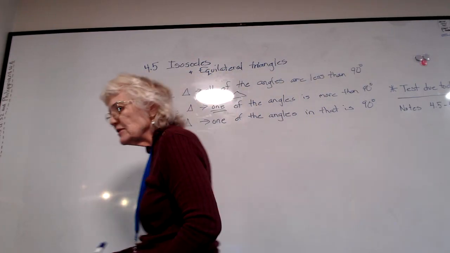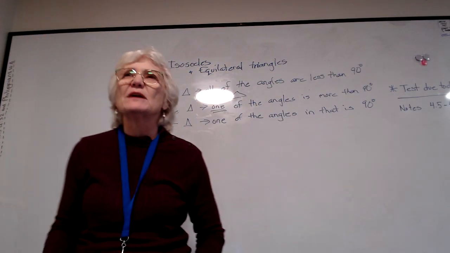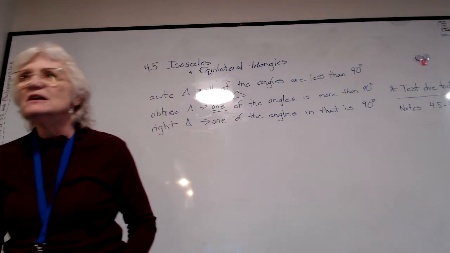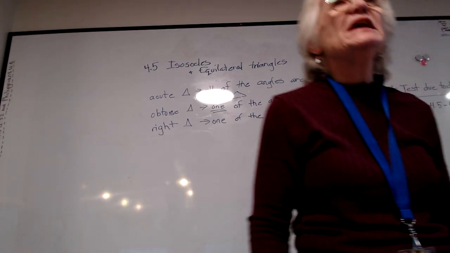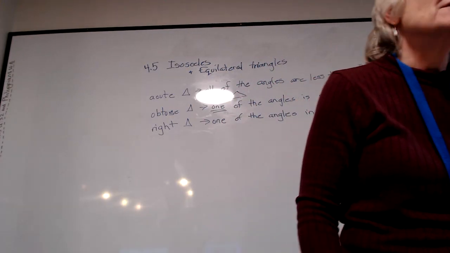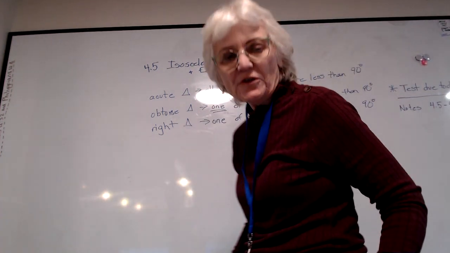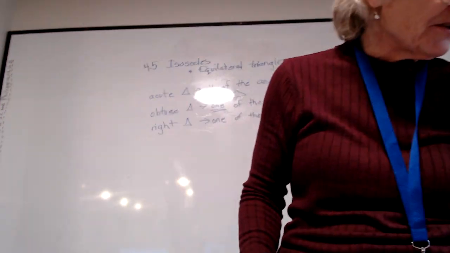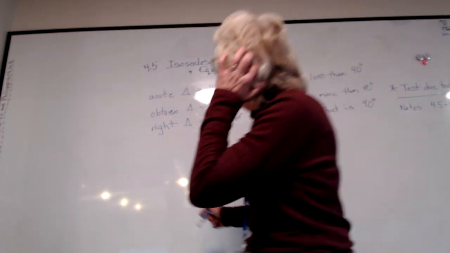Okay, because if I put 90 and 90 together, that's 180. What happened to the third angle? We have to have three angles in our triangle. Hence why it says tri, like a tricycle, three angles. A triangle has three angles. That's how it's named triangle. Okay. So those are some basic definitions, and that's based on angles.